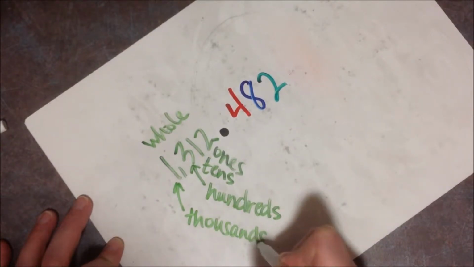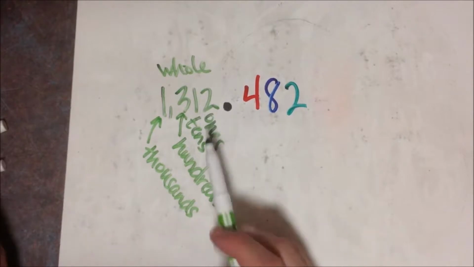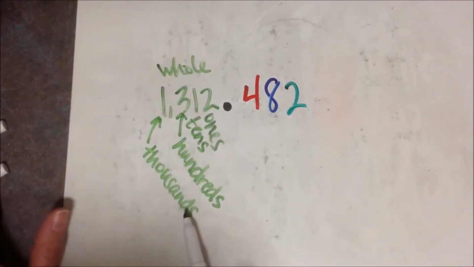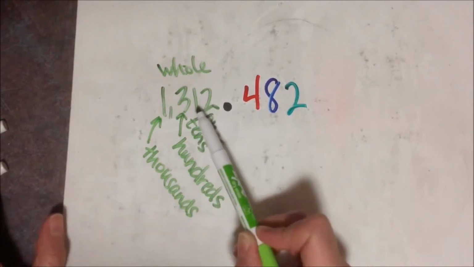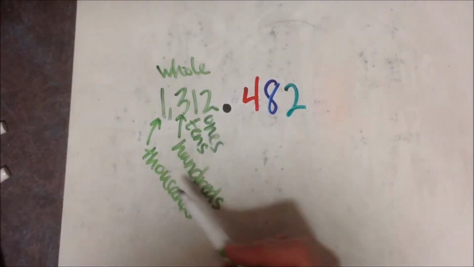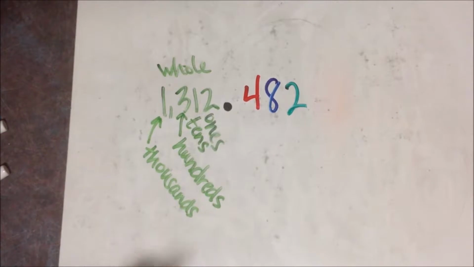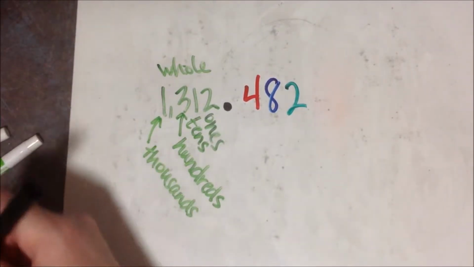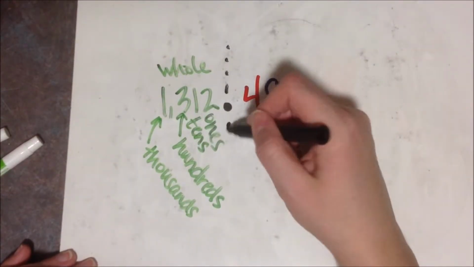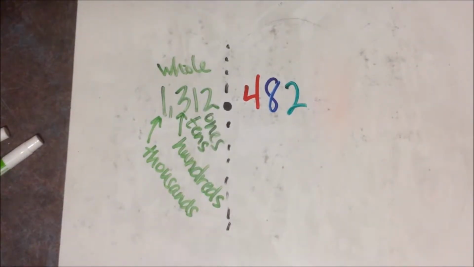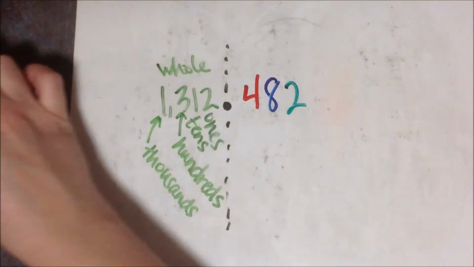Hopefully this sounds familiar, and this is the reason that we would say this 1,312. The same is true on the other side of the decimal point. So from here over, right? My decimal point is the line.